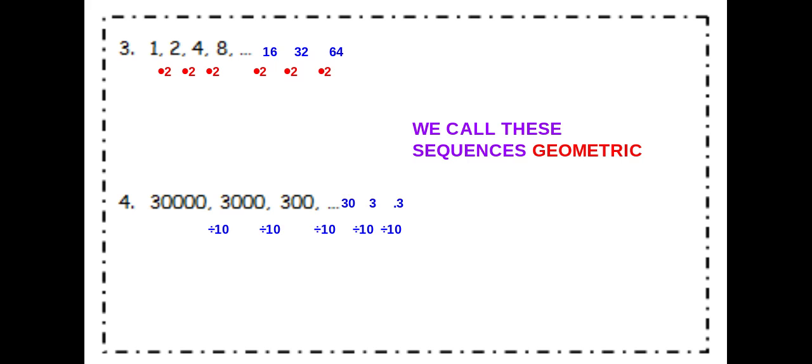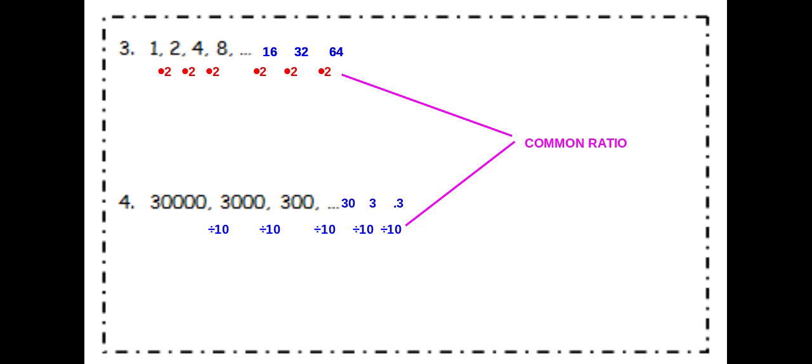Now in number 4, many of you thought maybe we were taking away a 0, but in math, that really just means we're dividing by 10. So the next three terms should have been 30, 3, and 0.3. We call these types of sequences geometric sequences. When we're multiplying or dividing by a common number, we call those geometric sequences, and that common number is called a common ratio.